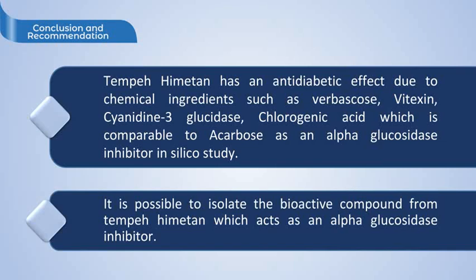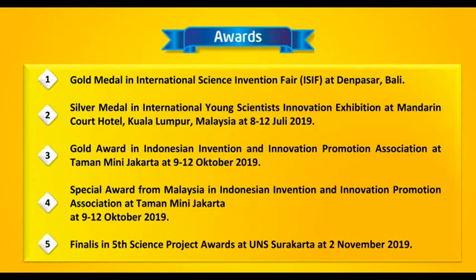To conclude, tempeh metan has an anti-diabetic effect due to chemical ingredients such as verbascose, vitexin, cyanidin triglycoside, chlorogenic acid, which is comparable to acarbose as an alpha-glucosidase inhibitor in silico study, and for further research is suggested to isolate the bioactive compound from tempeh metan, which act as an alpha-glucosidase inhibitor.